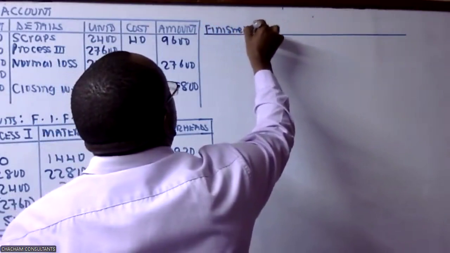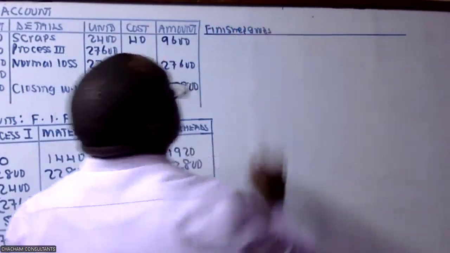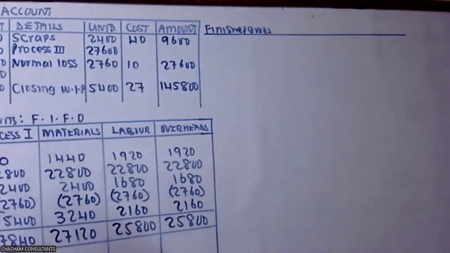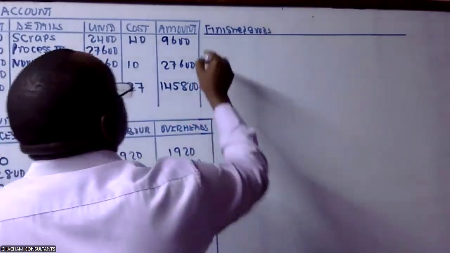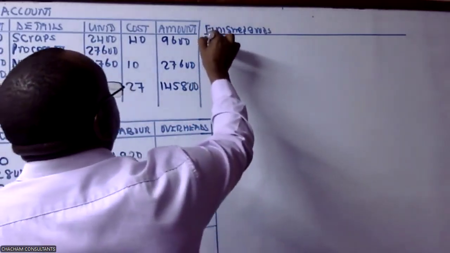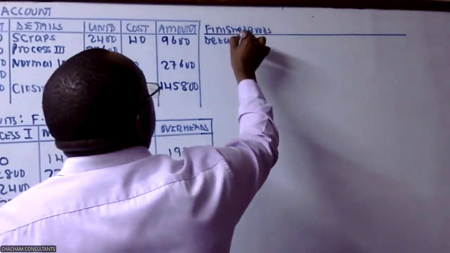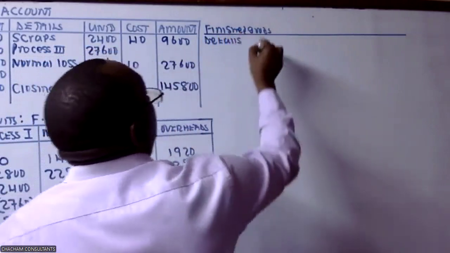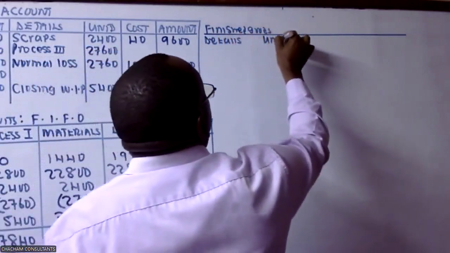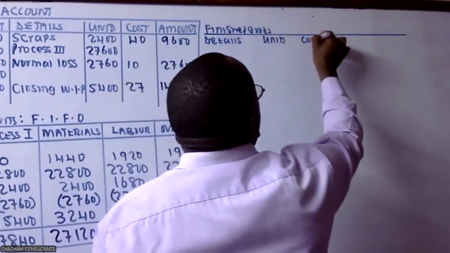So for the finished goods, we have details: we have the units, and then we have the costs.